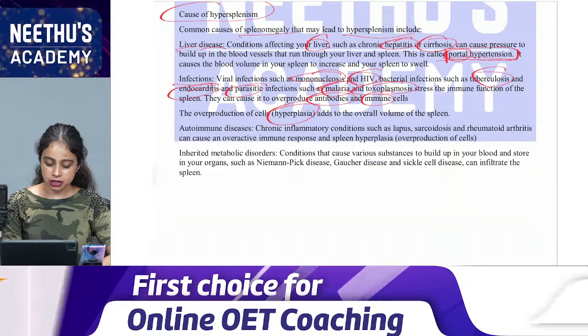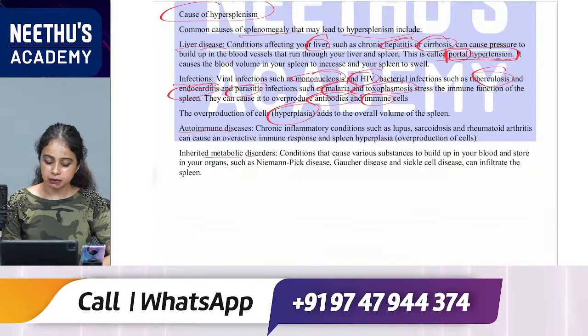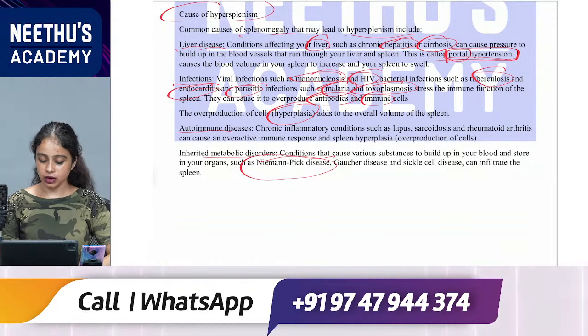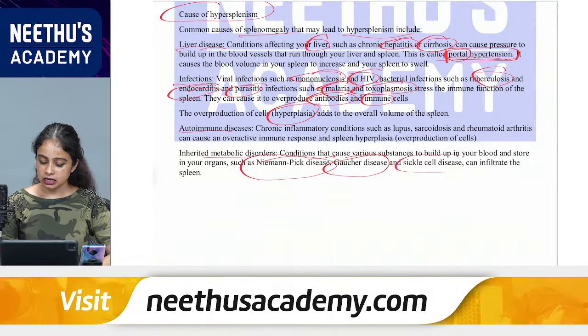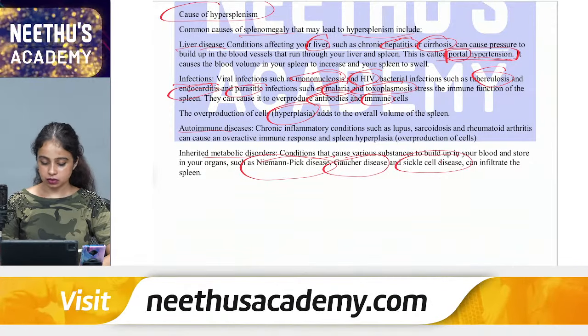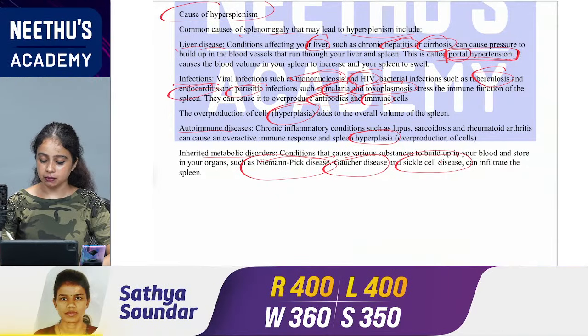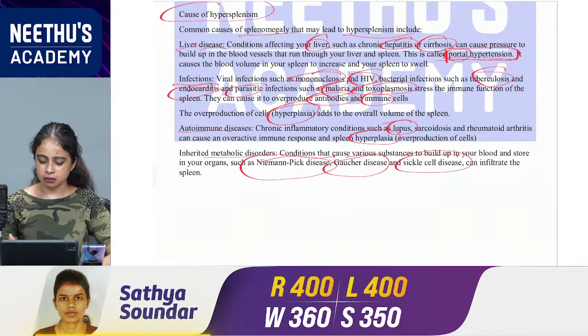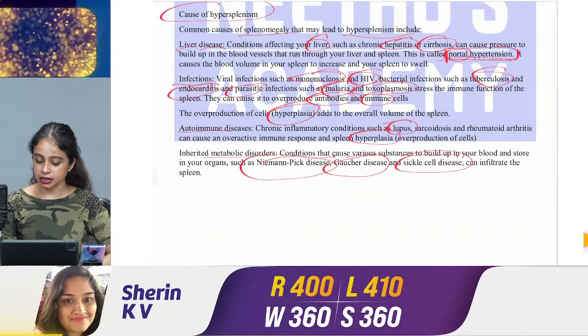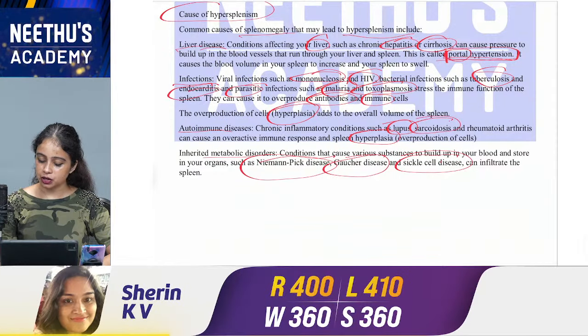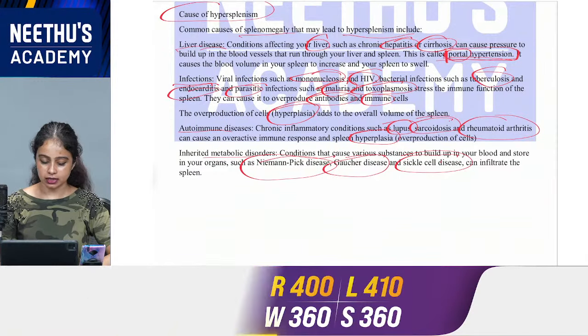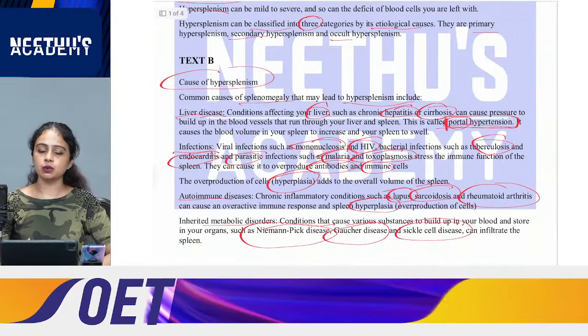Okay, autoimmune disease, I'm just marking this one. Then inherited metabolic disorders. Okay, the names also, Niemann-Pick disease, as well as Gaucher disease, sickle cell disease. Okay, so that's all about my keywords. There are also some names of disease conditions here, lupus, sarcoidosis, and rheumatoid arthritis. Okay, so these are my keywords from text B.